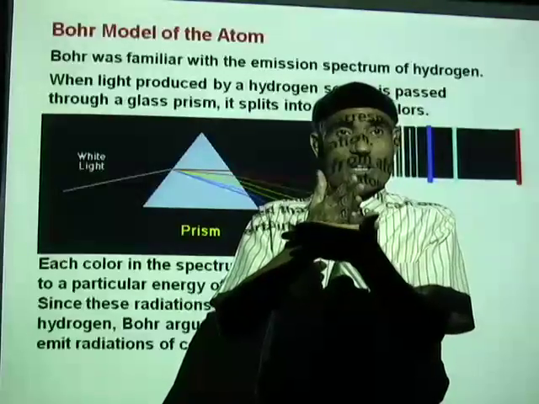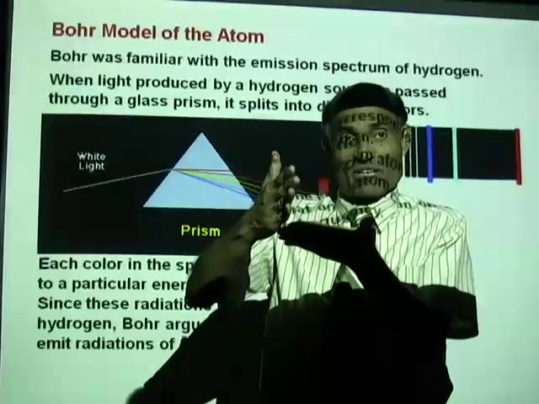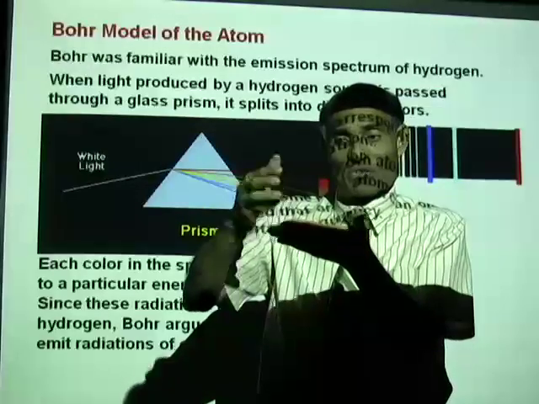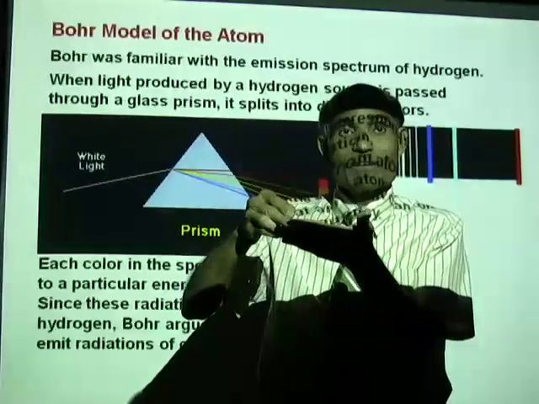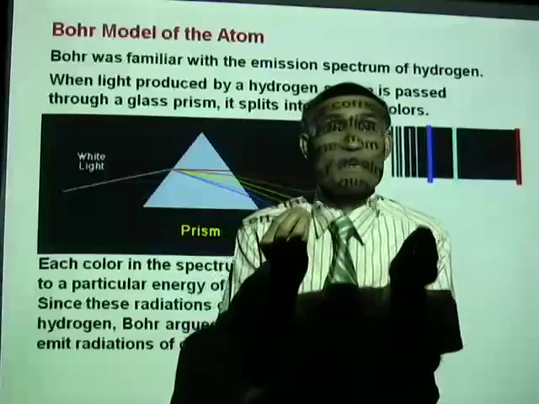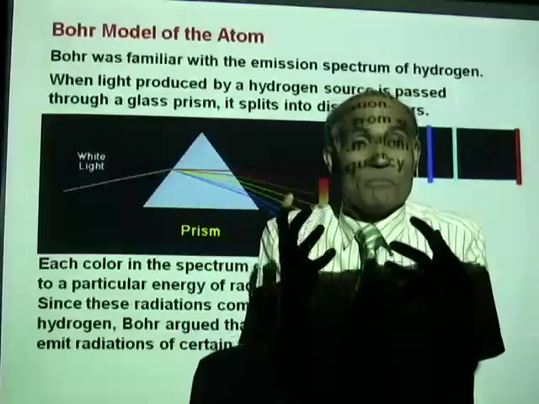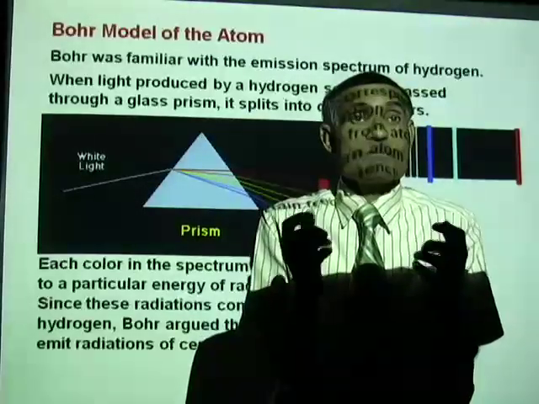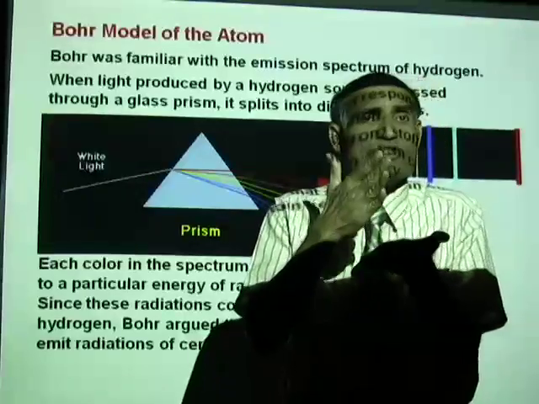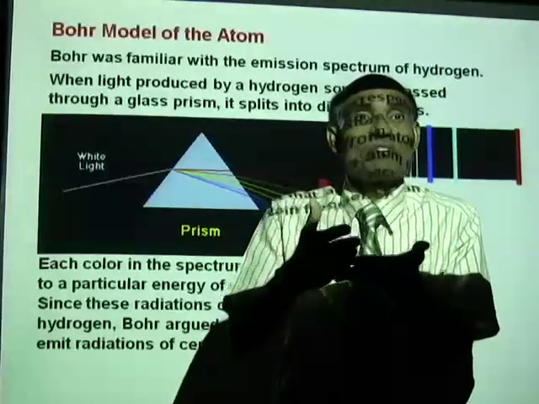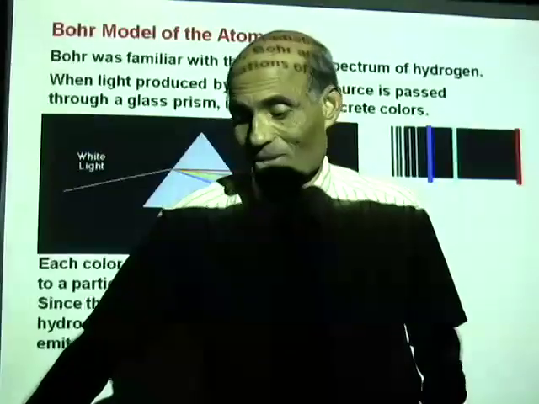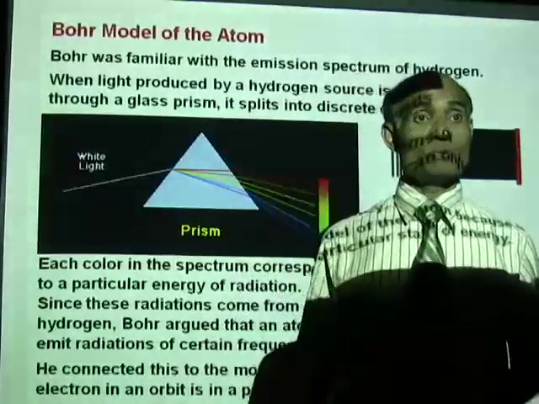A certain frequency, and then the next one is certain other values. There is nothing in between. So whatever model of the atom we subscribe to, it must be able to explain these discrete energy values of the radiations. Well, so what did Bohr do?